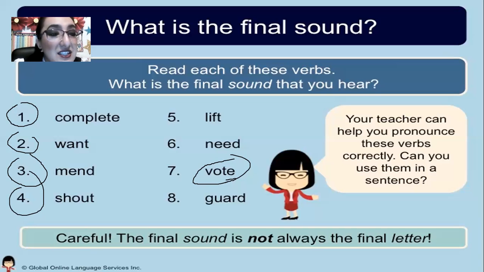Shout. To shout. Number five? Lift. Excellent. What about the number six? Need. And the number seven? Vote.